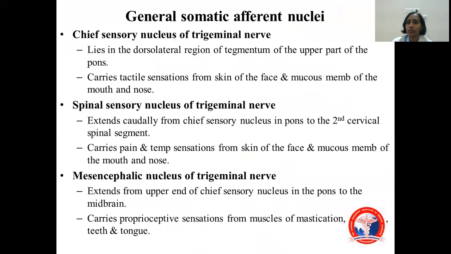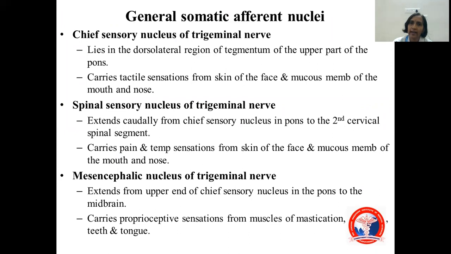Similarly, we have the trigeminal nerve, which is having the sensory fibers which are reaching to chief sensory nucleus in the region of the tegmentum of the pons. The spinal sensory nucleus in the upper part of the spinal cord up to C2, and the mesencephalic nucleus again in the pons and midbrain.